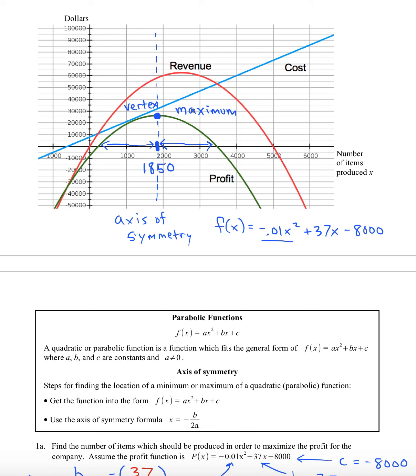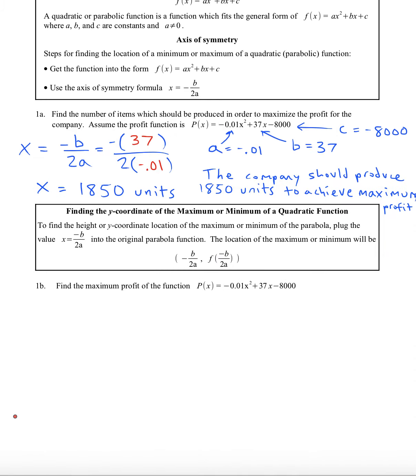One other thing we may wish to find here is how much profit will the company make if they do produce 1850 units. So in other words, we're going to be looking for the height of the vertex. And that's what the next question is all about.